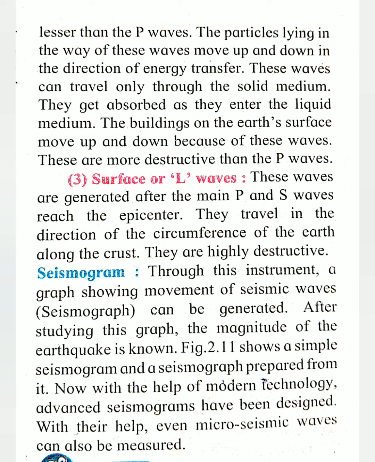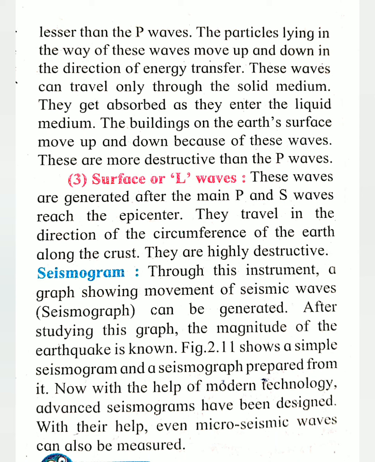So in the P waves we have seen, they travel to and fro, backward and forward. Here the particles move upward and downward. These waves can travel only through a solid medium, so they cannot travel through a liquid or gaseous medium.